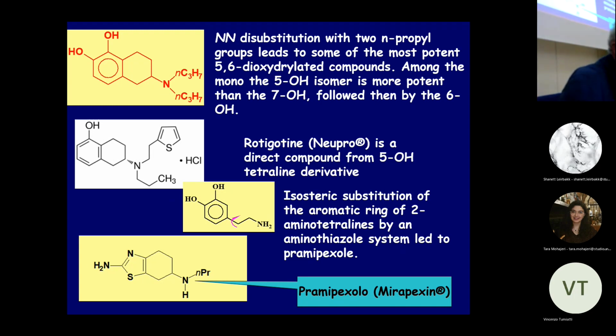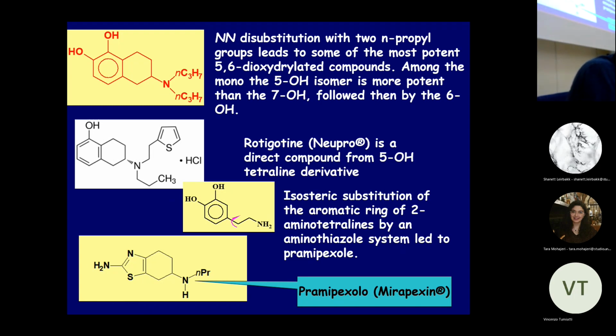And in this case, you see this NH2, this basic group, can give hydrogen bond with the dopamine receptor, working in the same way as the phenolic OH in 3 position.